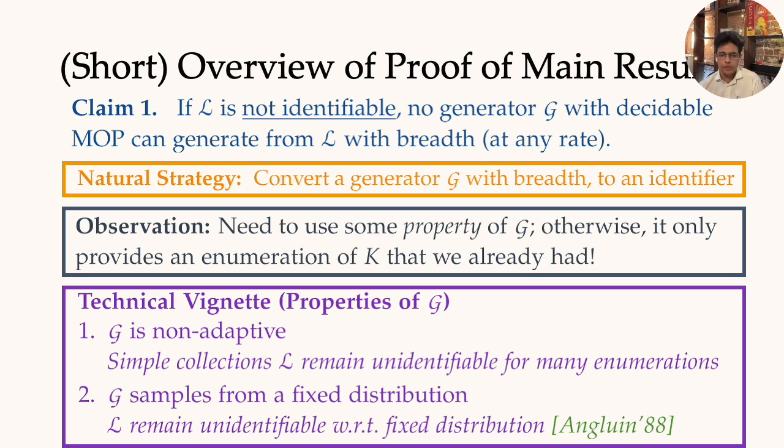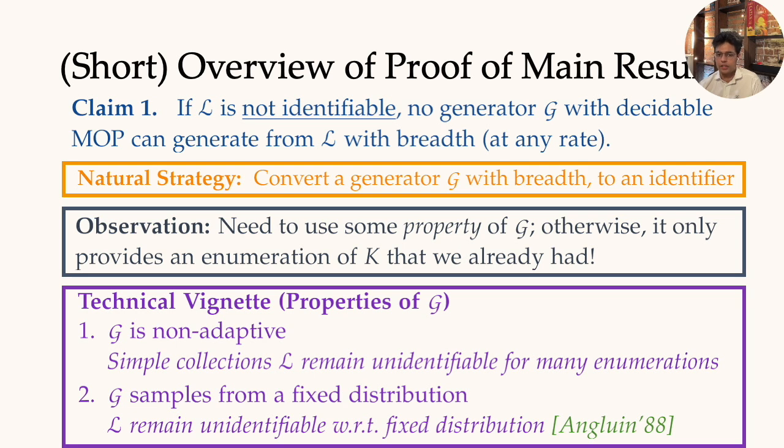The second property we could use is perhaps that a generator is sampling its strings from some fixed distribution. The problem of language identification in the limit when the samples are drawn from a fixed distribution was studied by Dana Angluin, who showed that the characterization of identifiable classes remains unchanged in this model.